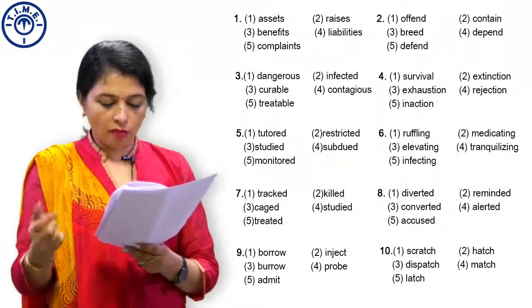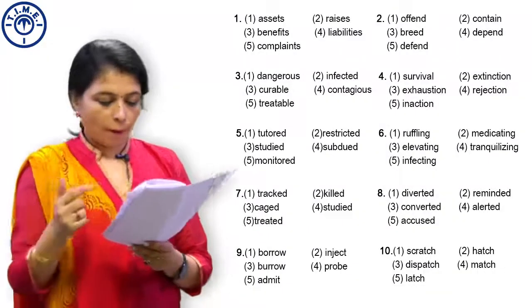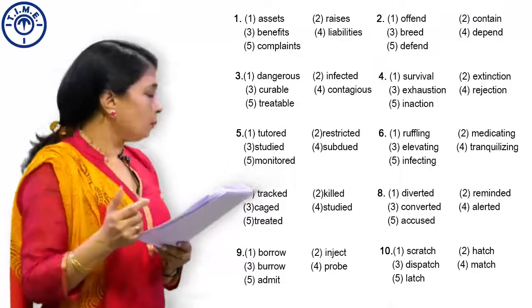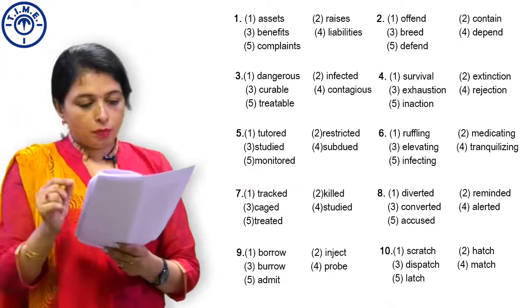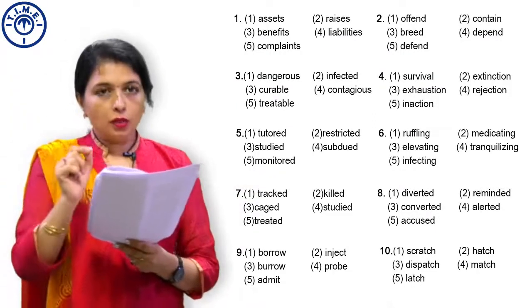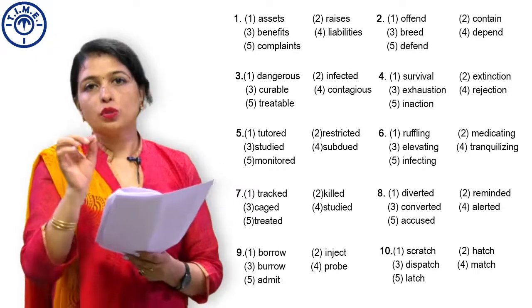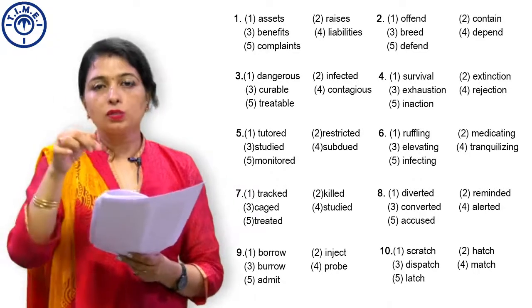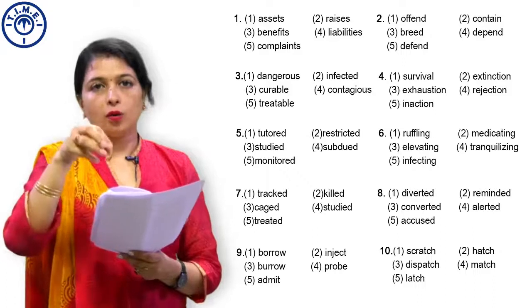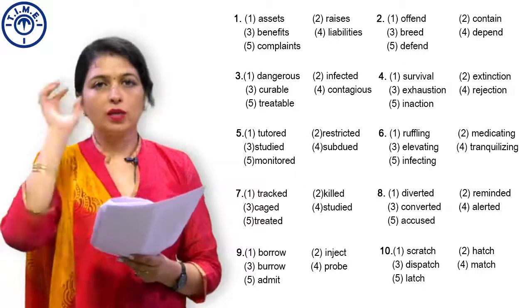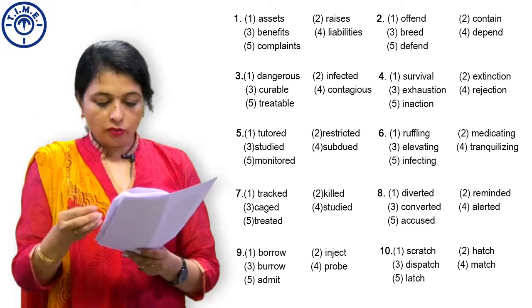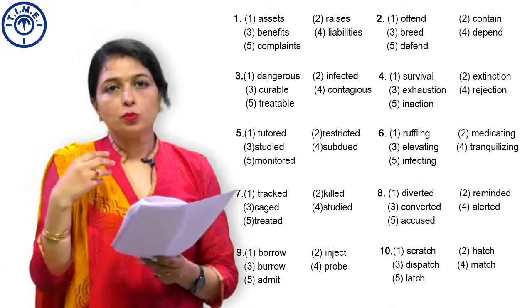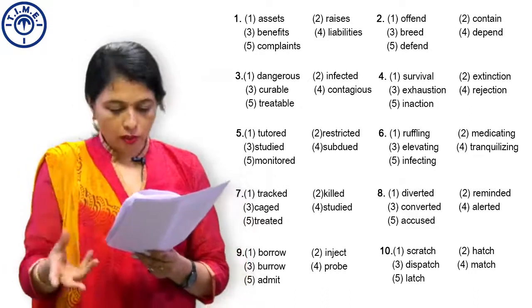Among the options we have borrow, inject, burrow, probe and admit. Mites are parasites that make holes into wherever they are or onto any surface on which they are. Therefore, the word that is closest to digging a hole is burrow.